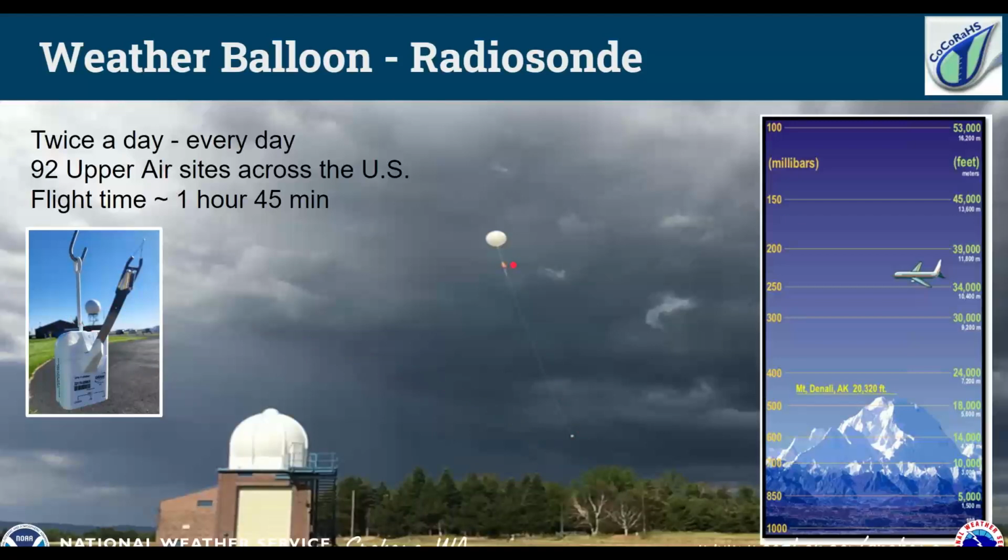And it rises through the atmosphere and gathers all that information, sending it to a computer in the office. So we're getting data every second coming from that weather balloon. And as that balloon is rising through the atmosphere, it continues to send that data. And that flight time takes about an hour and a half, hour to 45 minutes until it reaches the edge of space.